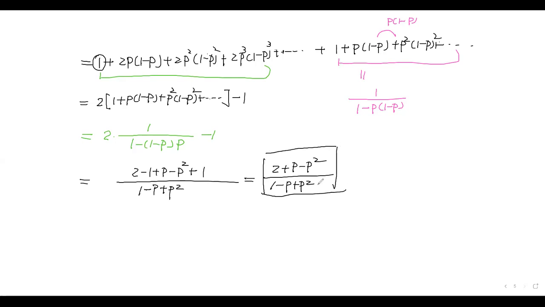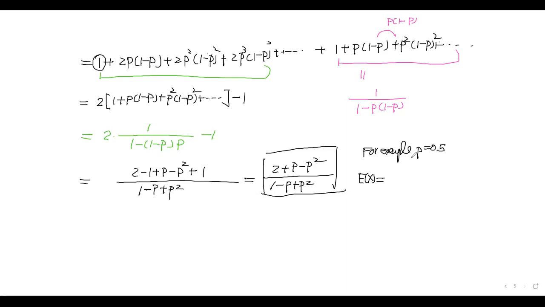Okay, so it's very interesting. If you let p, for example, equal 0.5, that means you have an equal chance to win the games, right?